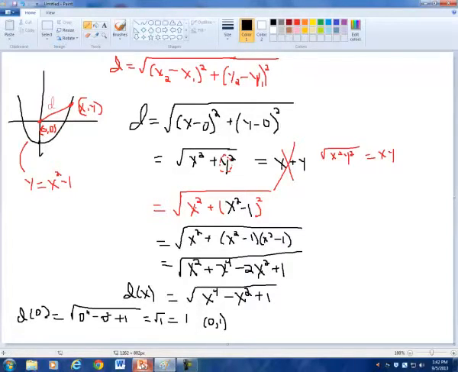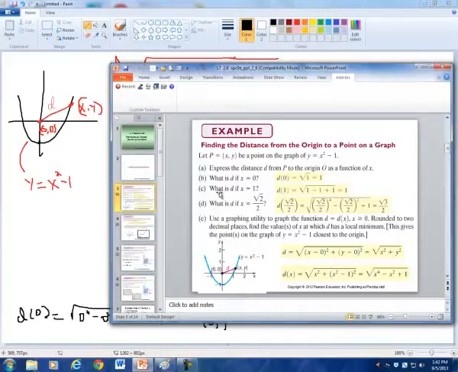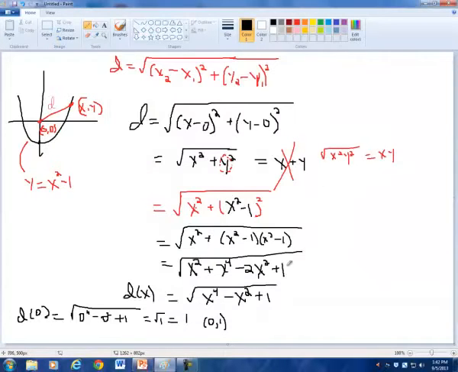Alright, so now let's say we want to know what is the distance if x equals 1. So now let's say we want to know d of 1. So that'll be the square root of 1 to the fourth minus 1 squared plus 1.